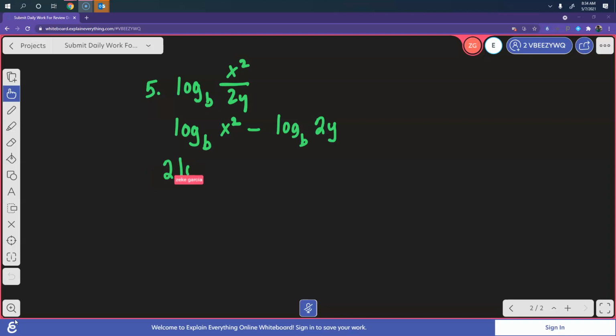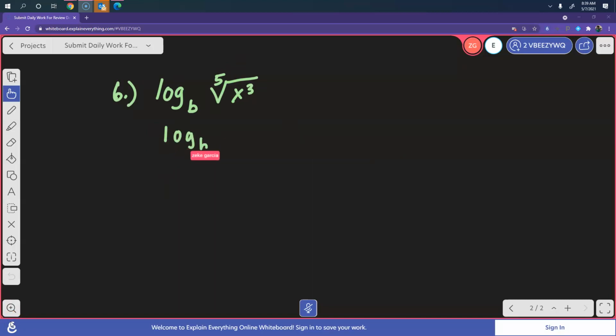So you have 2 times the log base b of x minus, I'm going to use brackets because I know that's a product there, log base b of 2 plus log base b of y. And there it is expanded.